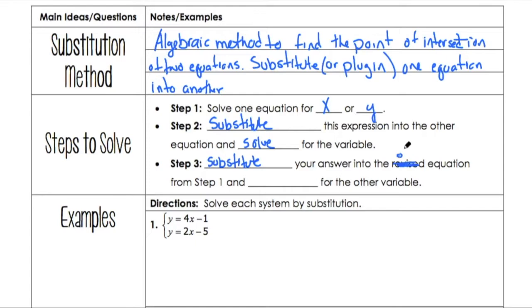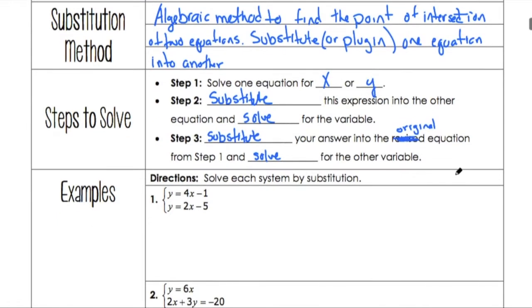I prefer putting it into the original equation; that way, if we made any mistakes along the way, we'd be sure to catch that. And we want to solve for the remaining variable. If we plug it into both equations, that'll be a way for us to check and know in advance if we got the right answer. So you should always be able to tell if you got the right answer before you finish a system by substitution. So let's take a look at that.